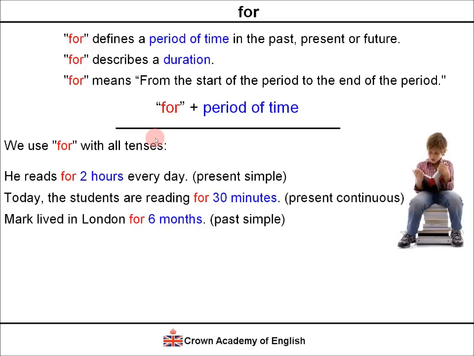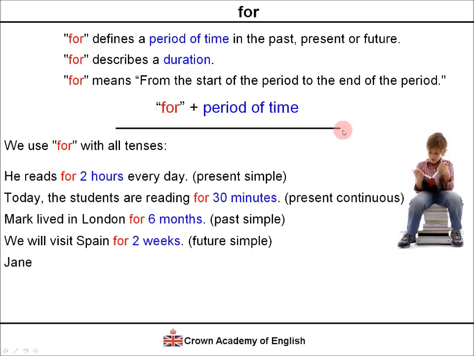This is the past simple. We will visit Spain for 2 weeks. Will visit is the future simple. Jane has worked here for 10 years. Has worked is the present perfect.